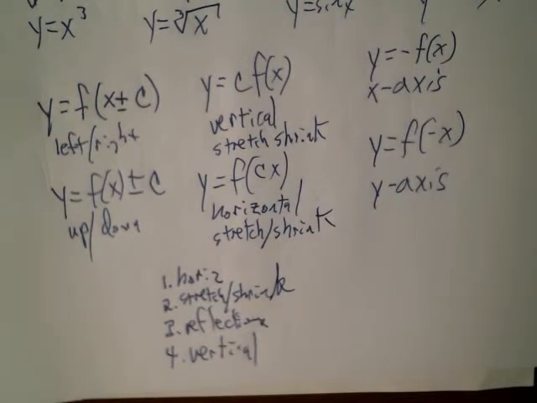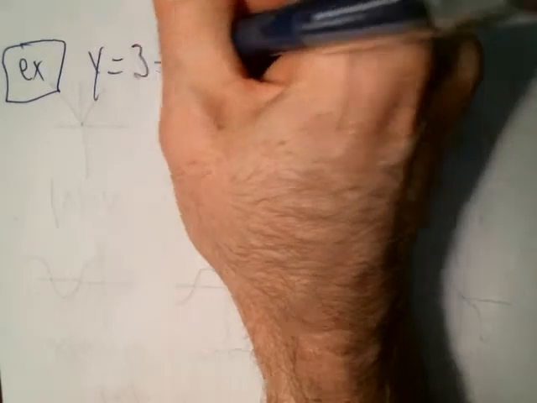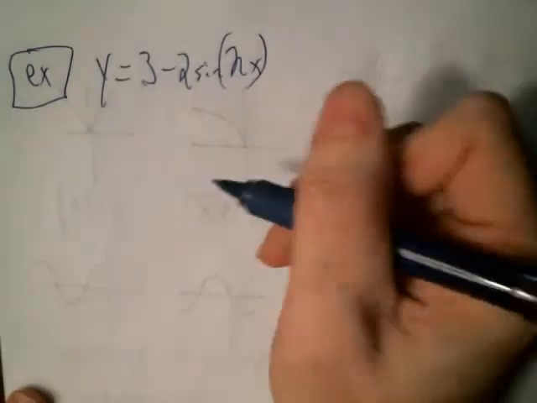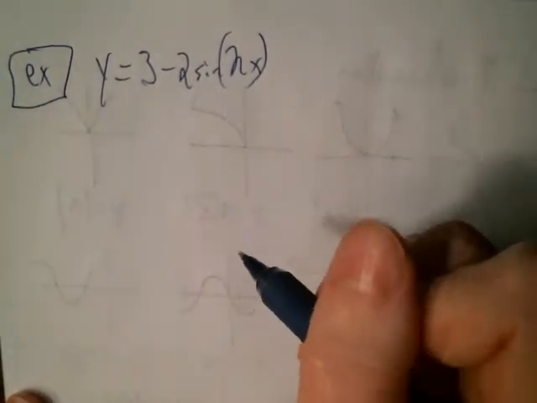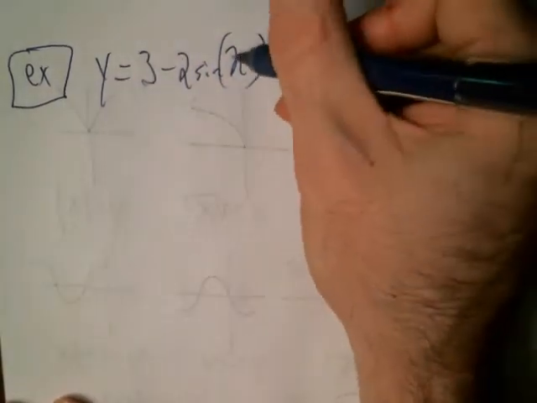Okay, so let's try an old trig guy and see how well we remember those. So for example, we have y equals 3 minus 2 sine of 2x. Okay. So as far as horizontal movements, there's not any.